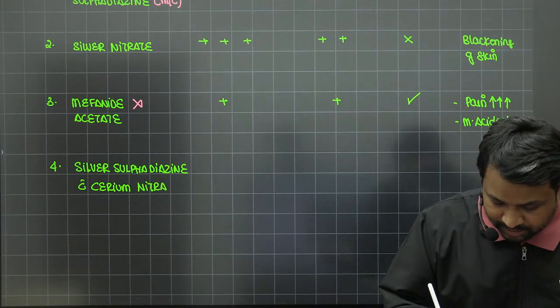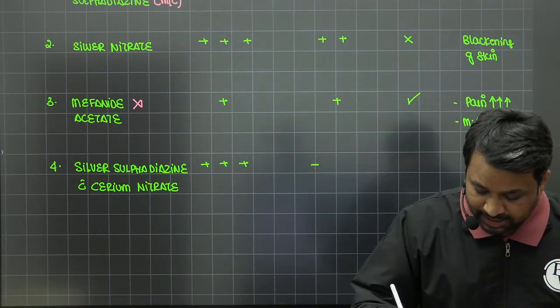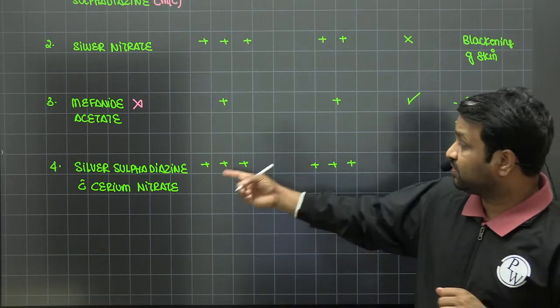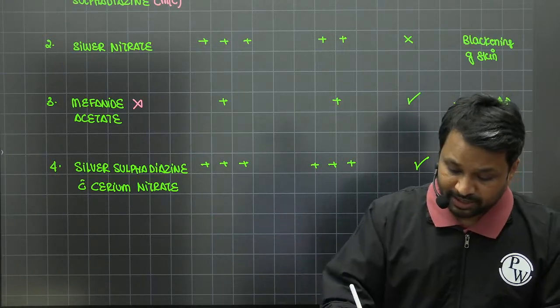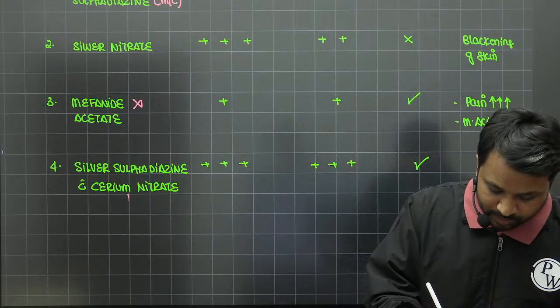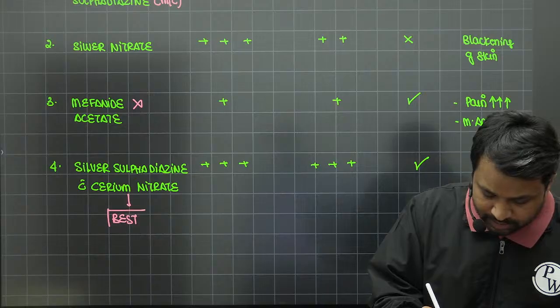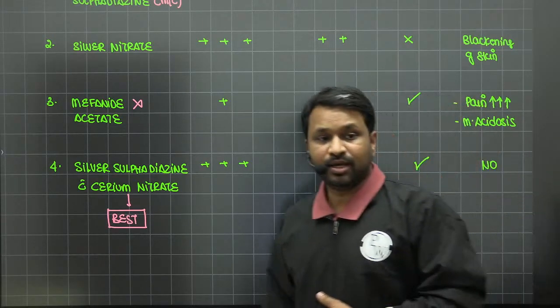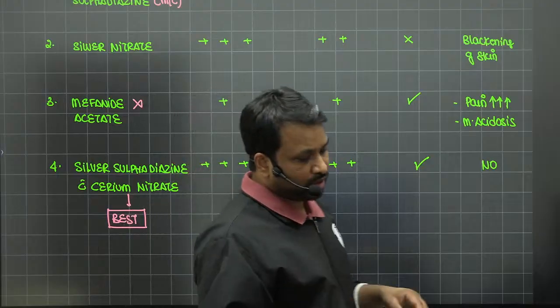With cerium nitrate, it is extremely effective against Pseudomonas as well as gram-negative bacteria because of silver sulfadiazine. It can penetrate eschar because of cerium nitrate, and there are no specific side effects. So if I say which is the best topical agent, currently the best topical agent that you can consider for your burn wound management is silver sulfadiazine with cerium nitrate.